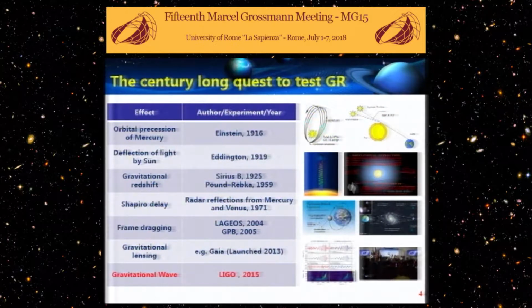And at last, in 2015, gravitational waves were discovered by the LIGO group. This is the last missing piece of the puzzle. This is very important. Right now we can think this picture is complete.